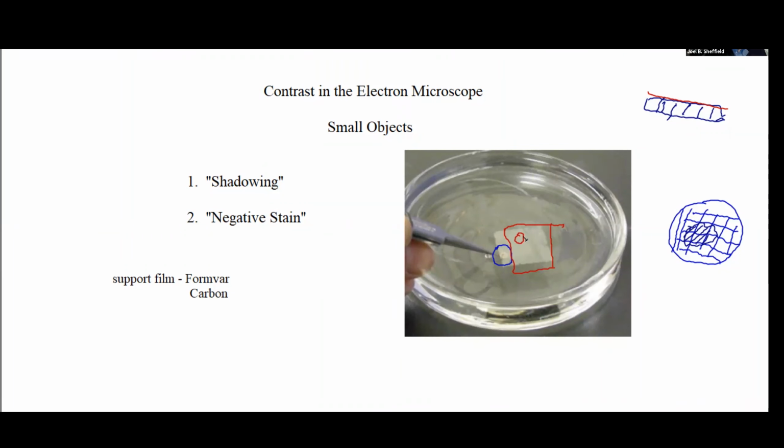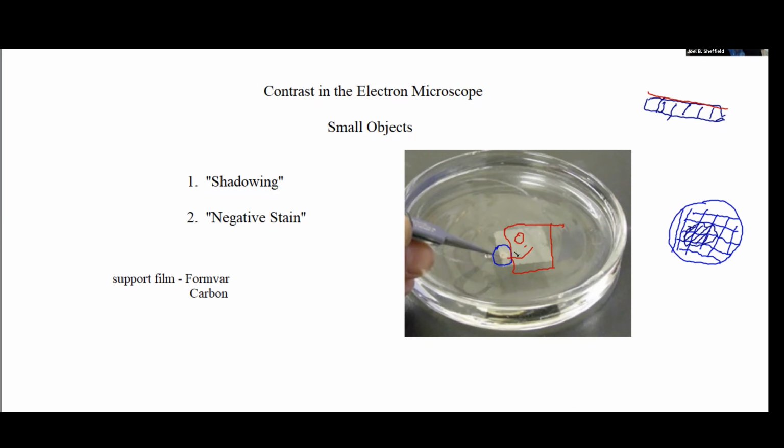There are actually two ways of doing it. You could put the grid on top of this film and then somehow flip the whole thing over when you pull it out. Or you could try to slip the grid underneath the film and then pick it up through the film. In either case, you end up with a film on the grid in most cases.